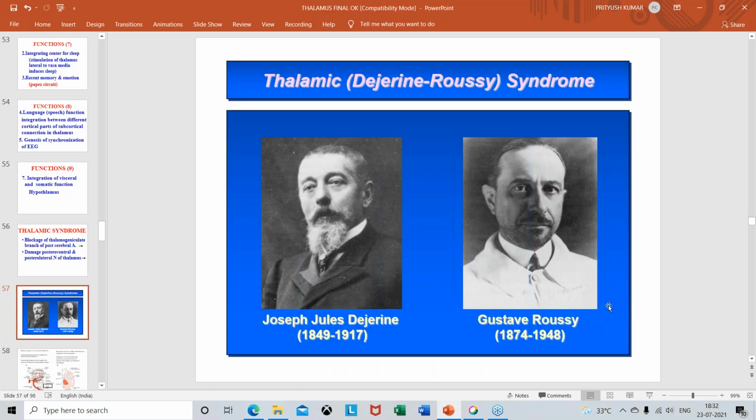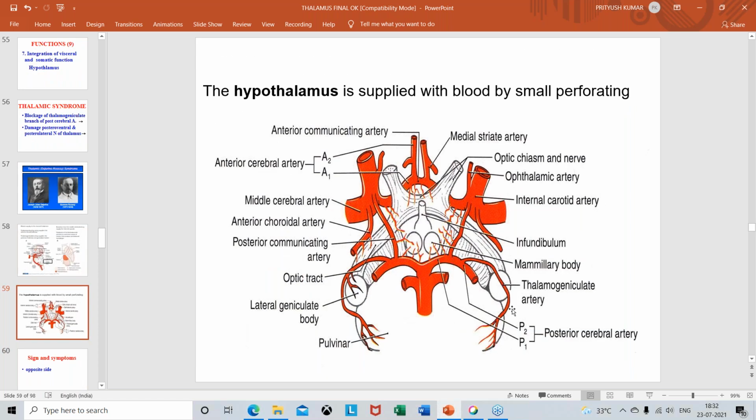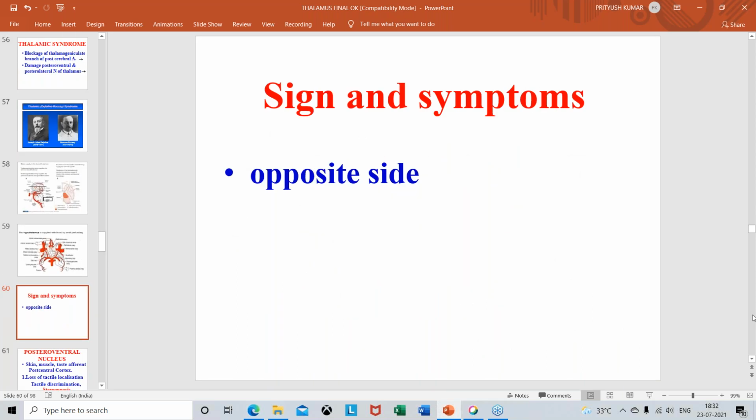Dejerine and Roussy are the scientists who described the thalamic syndrome, so it is also known as Dejerine-Roussy syndrome. This is the posterior cerebral artery, and there is a branch, the thalamo-geniculate branch, which supplies the thalamus. Signs and symptoms appear on the opposite side.